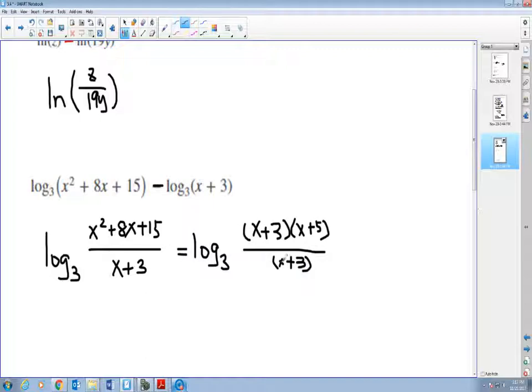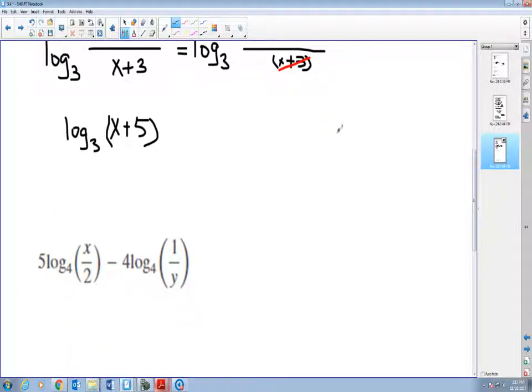So now I got one term on top over one term in the bottom. The plus 3 can cancel out. So my final answer would just be log with the base 3 of x plus 5. I'm going to put this x plus 5 in the parenthesis. This parenthesis represents that every time I roll a log, it'll attach with the parenthesis.